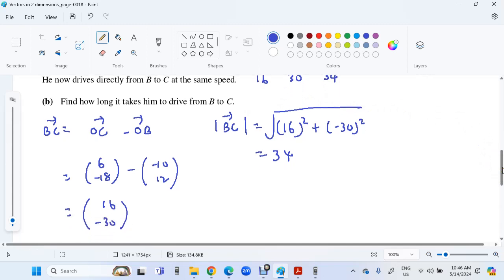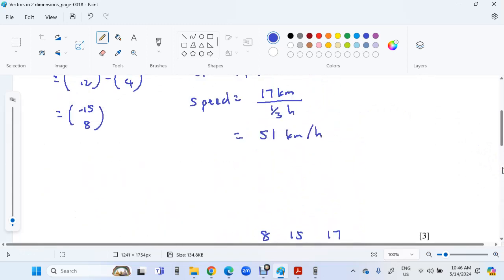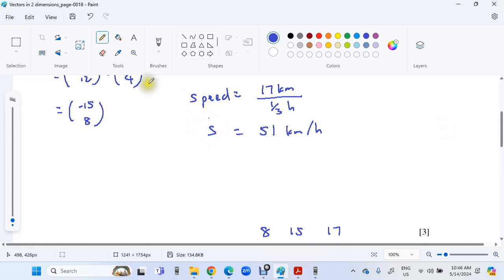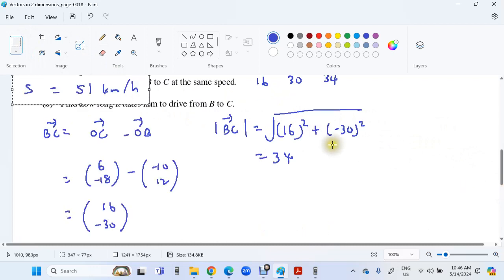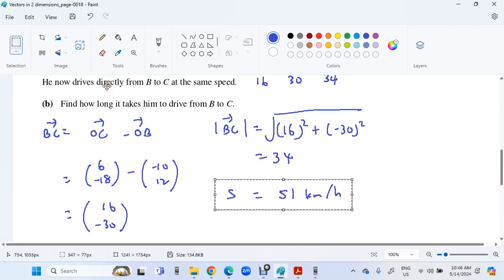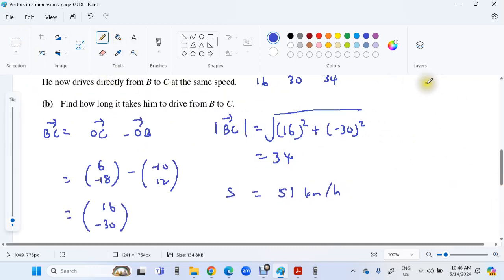Okay. So this is the distance and the speed is 51 km per hour. So now we want to find the time. We have the DST, so time is distance over speed.